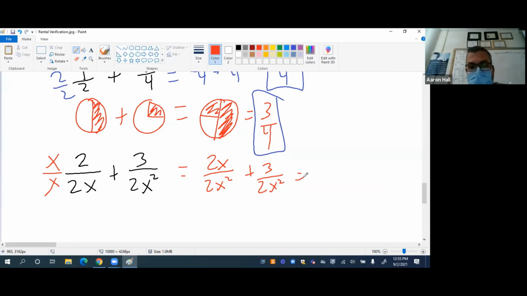Now that's the common denominator. We add the terms that have a common denominator. So that gives me 2x plus 3 over 2x squared.